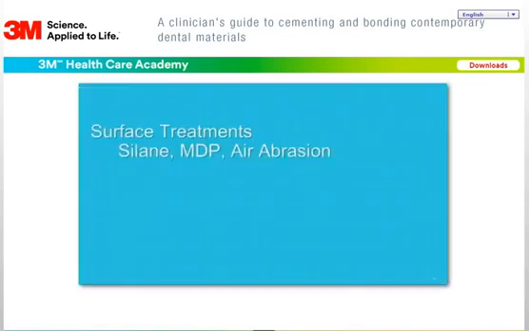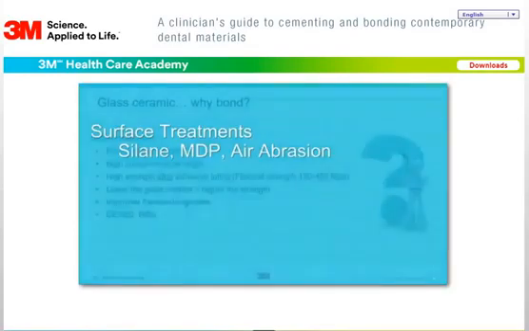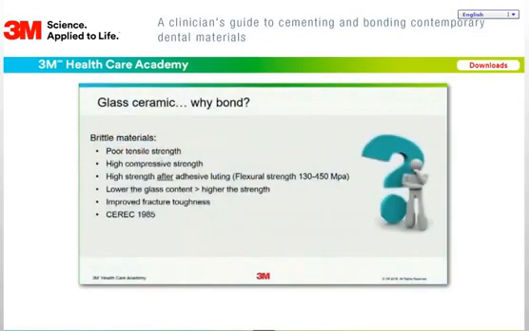So let's talk about surface treatments, silane, MDP, and air abrasion, and how this relates to the materials that we have today. Well, glass ceramics are what I have used, as I described to you, for well over 20 years in my clinical practice posteriorly. And the bottom line is, they're not strong materials.